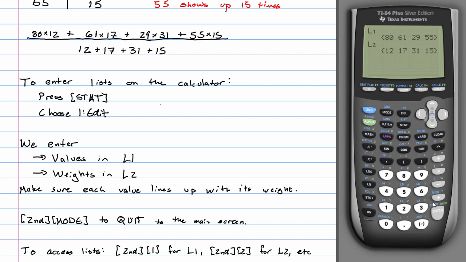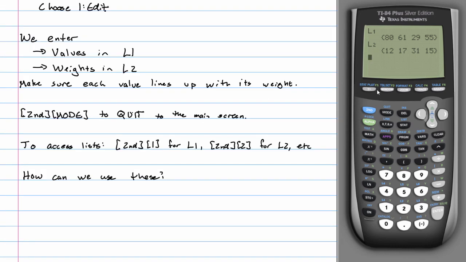Okay, so let's think about what I can do with that. Well, I know that I want to multiply every value in L1 by the corresponding value in L2. Well, what happens if I say L1 times L2? Oh, I get a list of numbers.